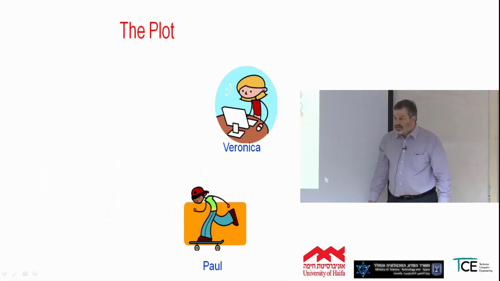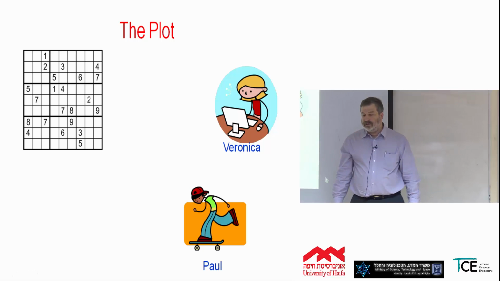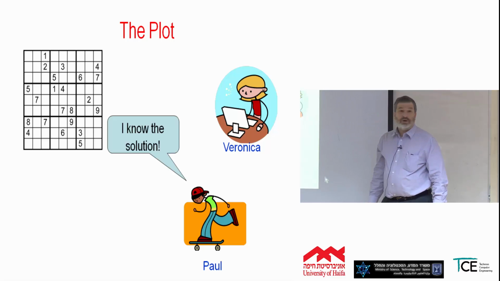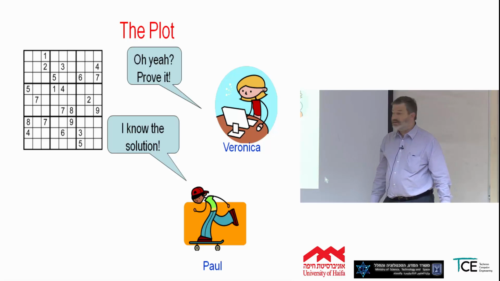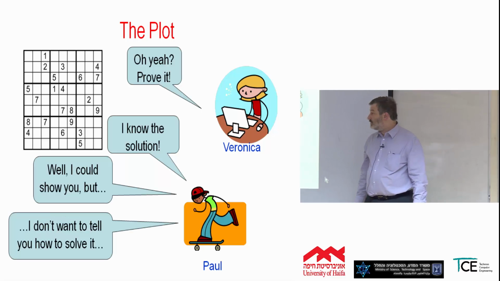OK, so now here's the story I'm going to tell you. We have two people, Paul and Veronica. They know of a Sudoku puzzle, and Paul claims that he knows the solution. But of course, Veronica says, oh yeah, prove it. And he says, I could show you that I know the solution, but I don't want to ruin it for you.